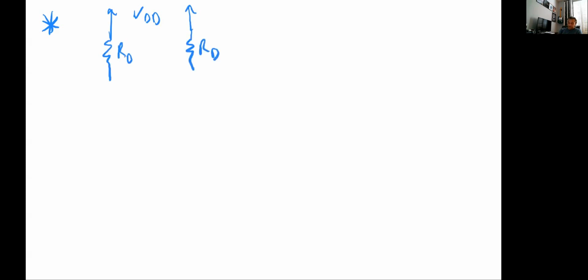this type of configuration here. So we have here a bias current.